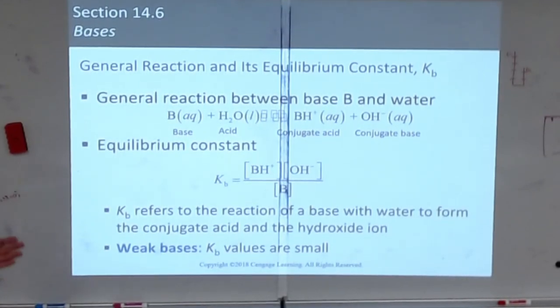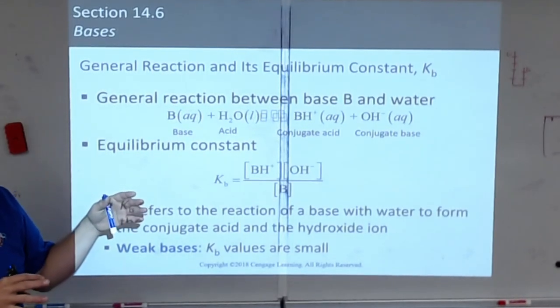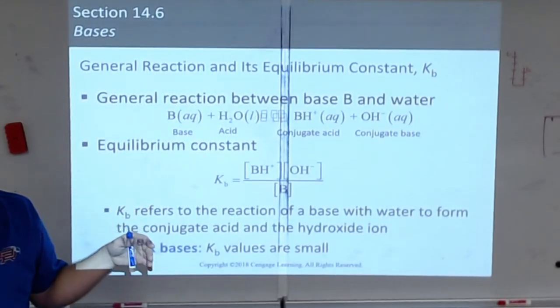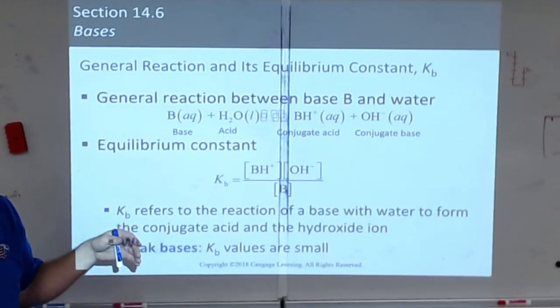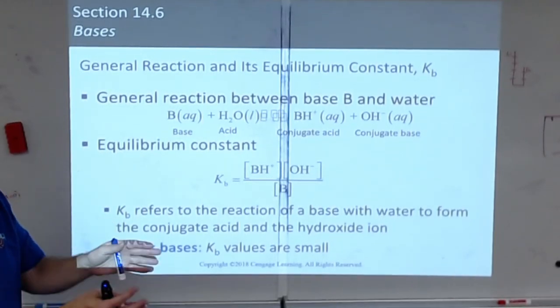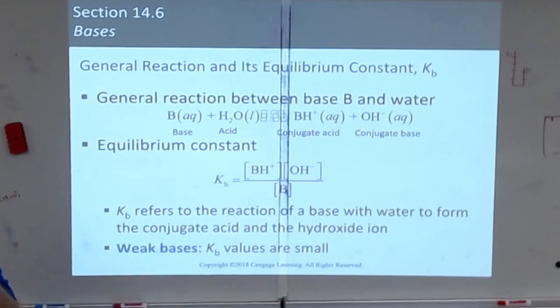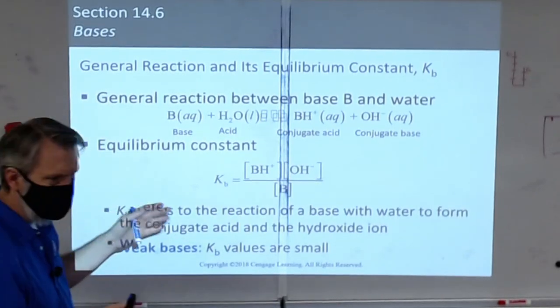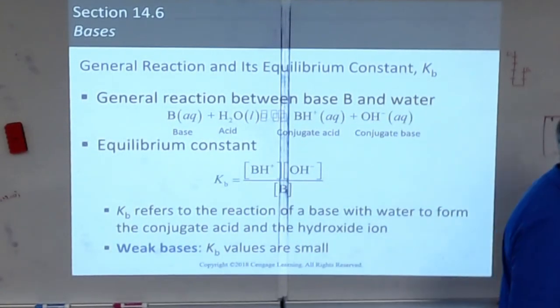Do be careful because sometimes we're going to give you information about this weak base, and I'm going to ask you to calculate pH, or I'm going to ask you to calculate the Ka. But I'm talking about a weak base, so you're going to have to keep that in mind. But all the Kb stuff is all the same as the stuff we've been doing.